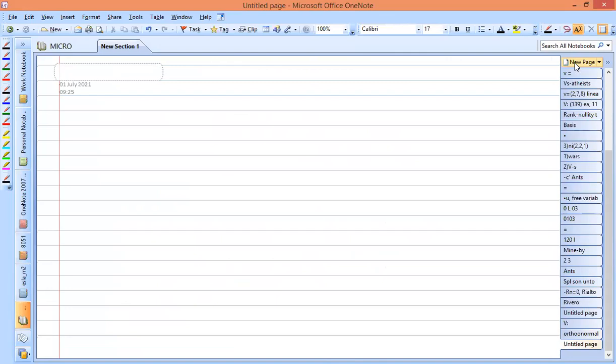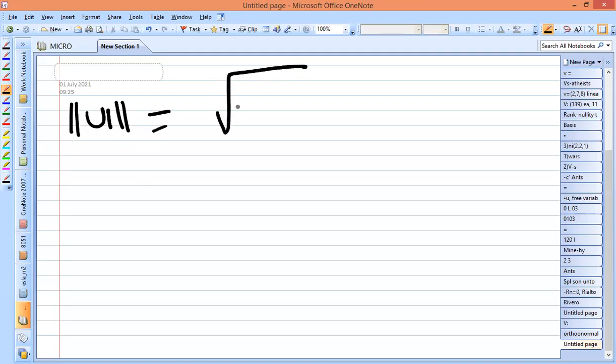Actually the length of the orthonormal set U1 is obtained by taking the square root of U1 transpose multiplied with U1.